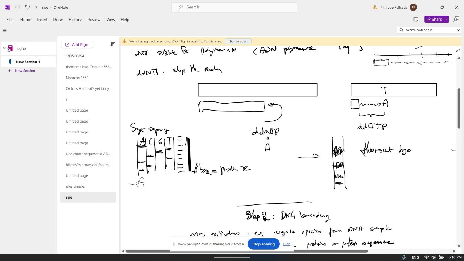The heaviest fragments migrate less far, and the lightest migrate further, because their mass is less.